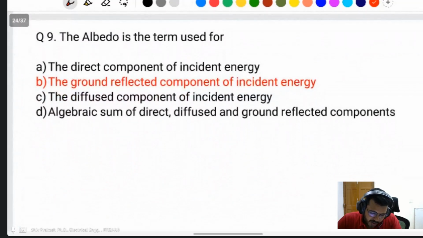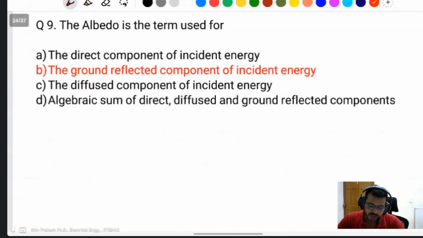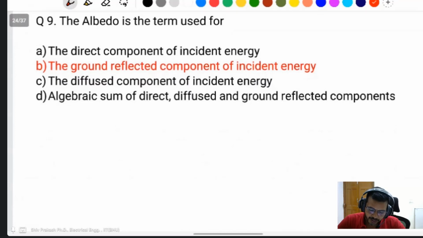Albedo is the term used. Albedo is the reflected rays of the sun by some object and scattered on the plate of the panel.